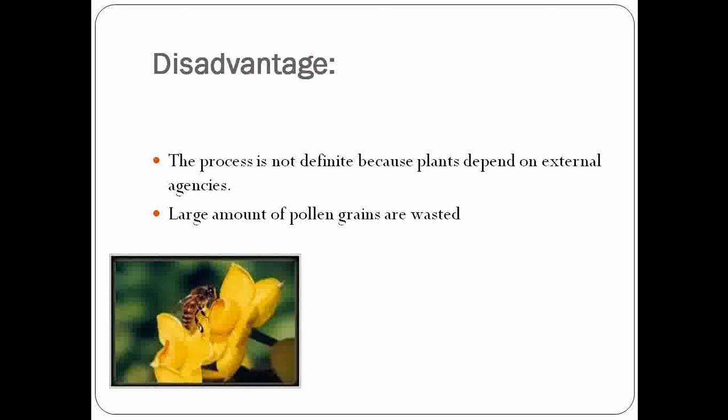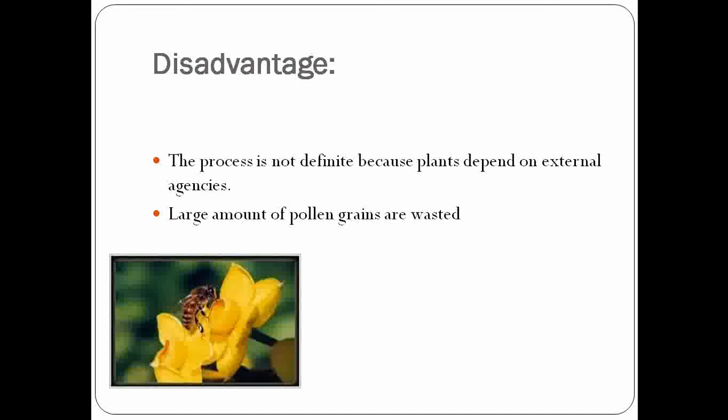That's why insects or birds are attracted towards that fragrance. So in this process the plant has to waste a lot of energy to make the flower more attractive, more colored, bigger, to produce nectar and fragrance. So this is one of the disadvantages of cross pollination.